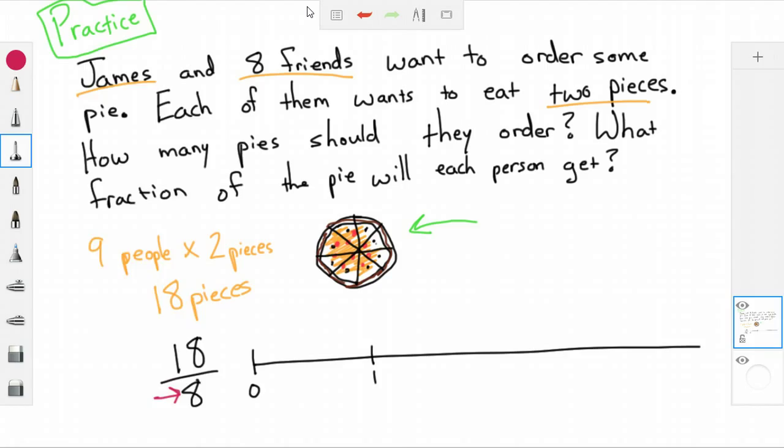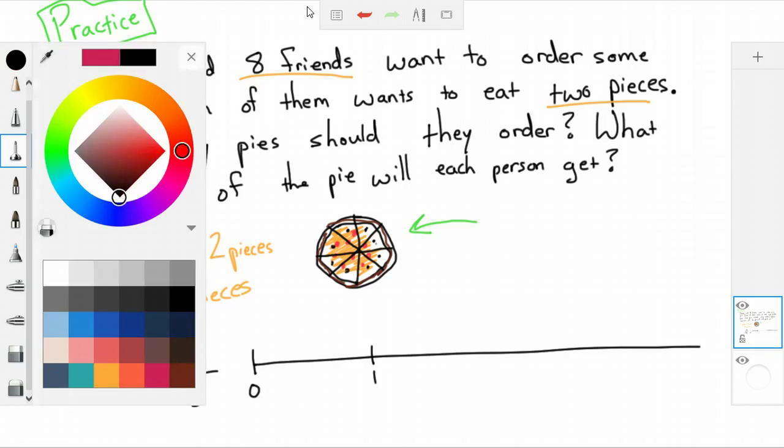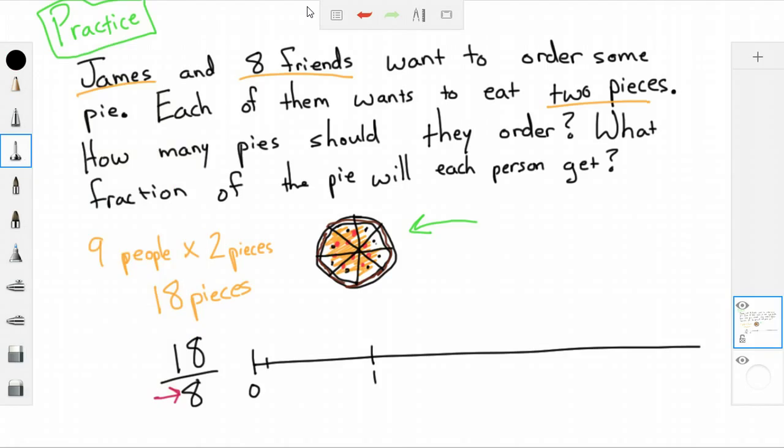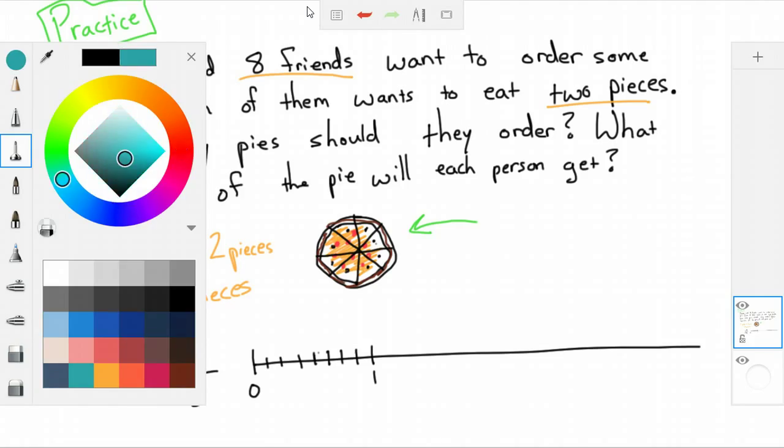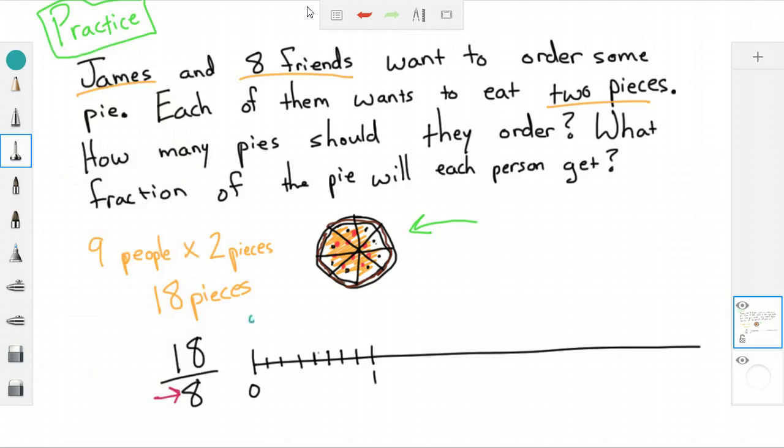So let's get my correct color crayon here. Let's see, 1, 2, 3, 4, 5, 6, 7, 8. Good. So here I've got 0 eighths.